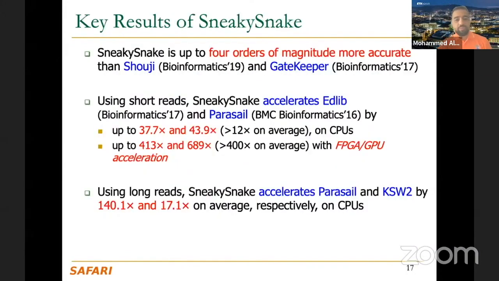Hopefully by that we cover most of the things about SneakySnake. We observe up to 4 orders of magnitude more accuracy than Shouji and GateKeeper. And then we accelerate EDlib, which is one of the best, or the best, performing implementations of Myers' bit-vector. It has a lot of configurations for local, semi-global, and global alignment.